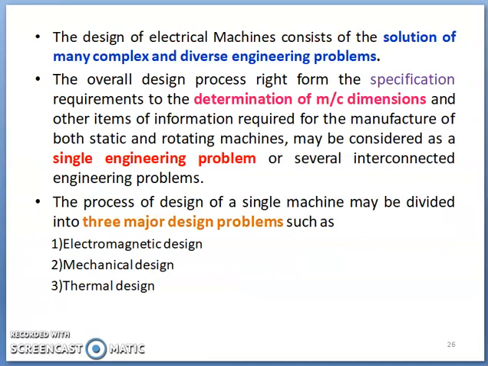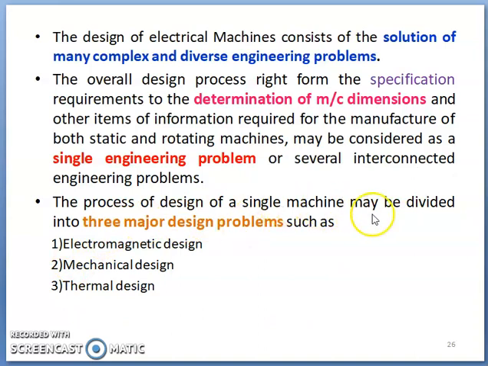Electrical machine design involves many complex and diverse engineering problems. The overall design process, right from the specification requirements to the determination of main dimensions and whatever information is required for manufacture of both static as well as rotating machines, may be considered as a single design problem, or sometimes several engineering problems are interconnected during the design process.